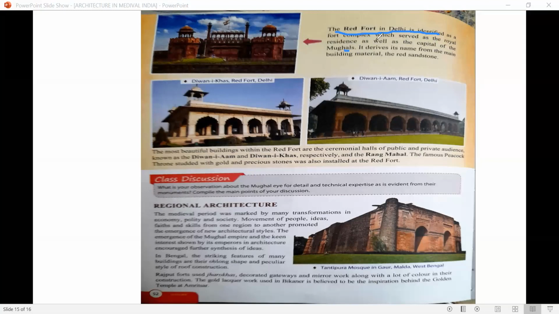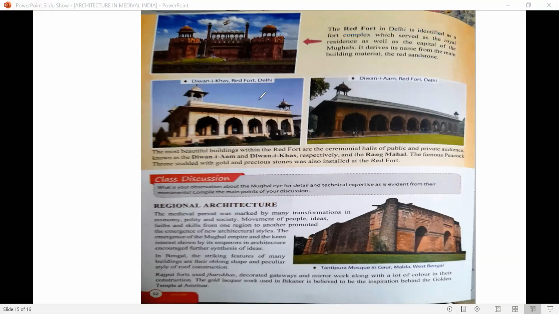Remember that the Red Fort was actually the capital of the Mughals, and it derives its name from the main building material, which is red sandstone. As it is made of sandstone, that is why it is known as the Red Fort. And since it is a fort, that's why it's known as a fort.